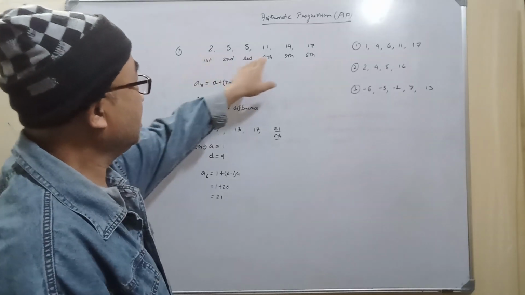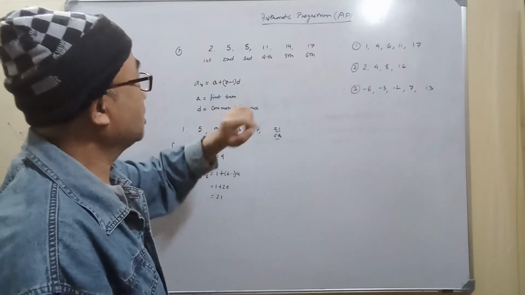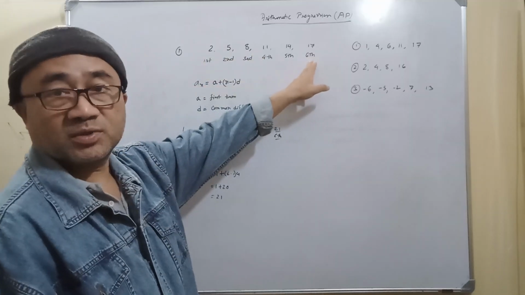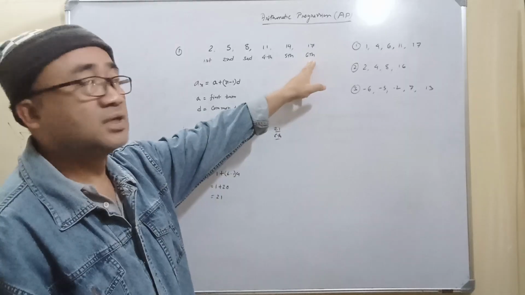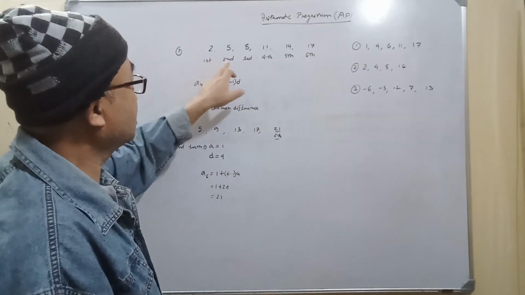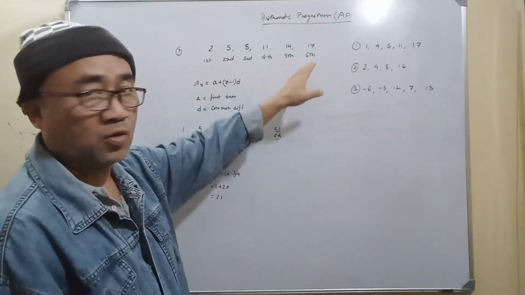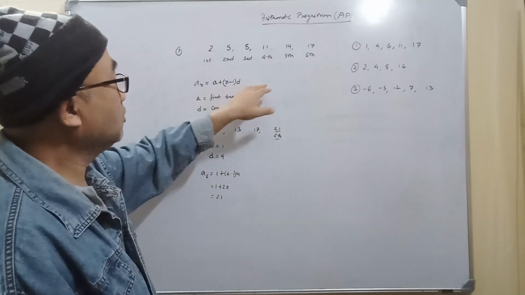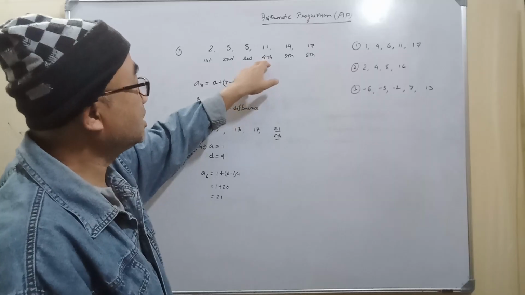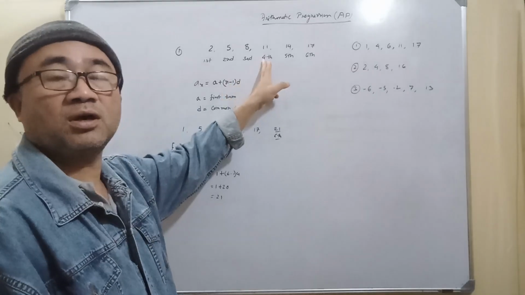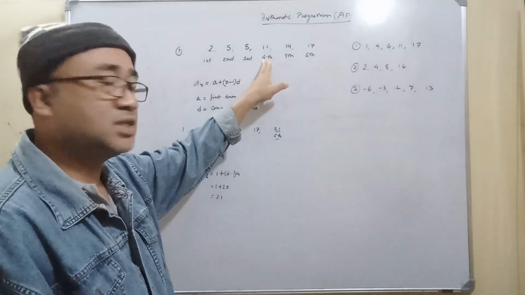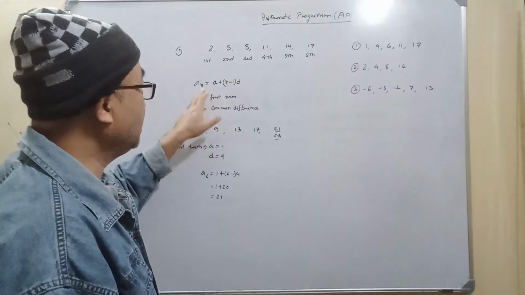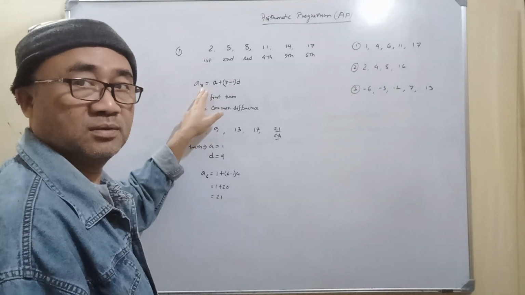For example, in this arithmetic progression, there are 6 terms in total. This is the first term, this is the second term, this is the third term, and so on. So, if you are told to find the 4th term, it denotes the position of the term. Position is different and value is different. So n is position, not the value.